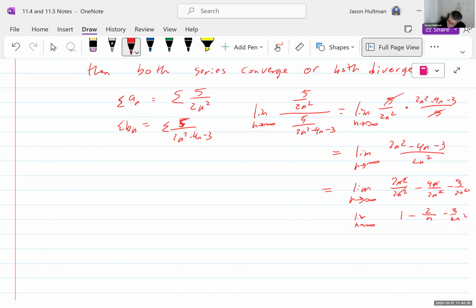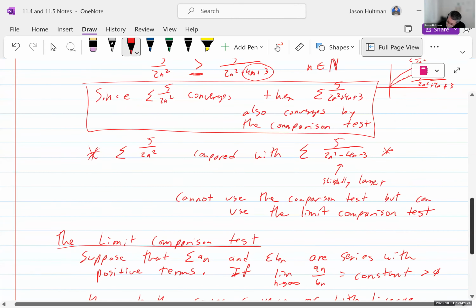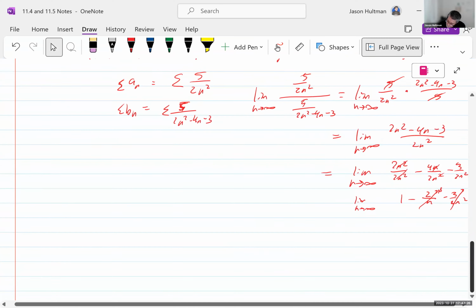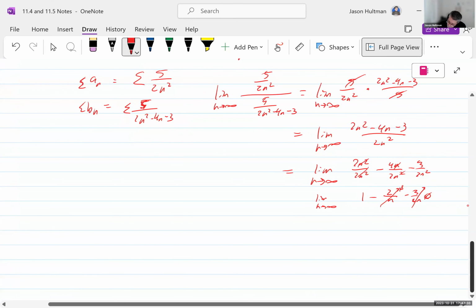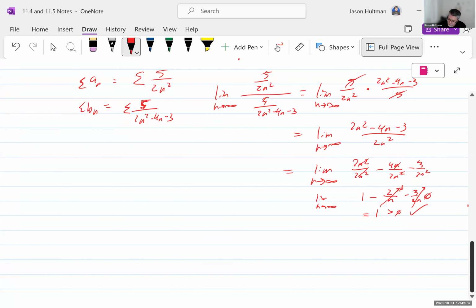Limit as n goes to infinity. That goes to 0. That goes to 0. Okay, and so I'm just left with 1, which is a constant greater than 0. Check. And so they both converge.